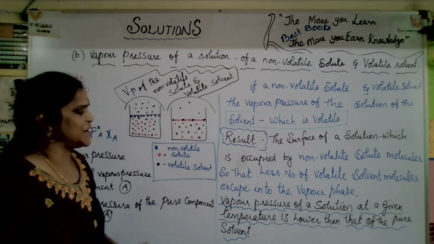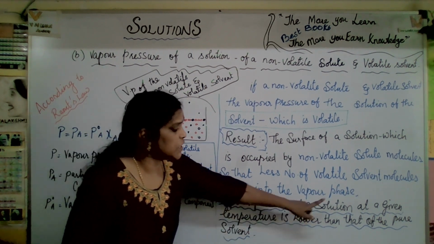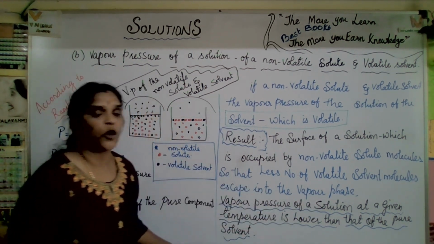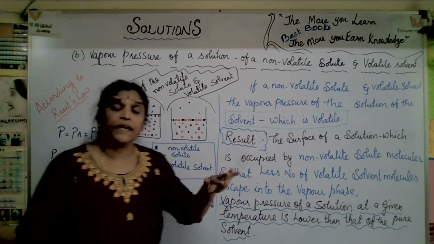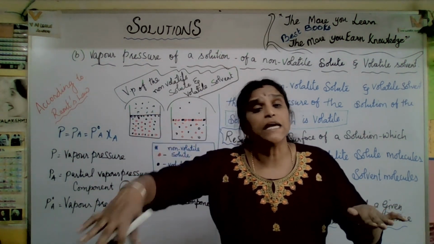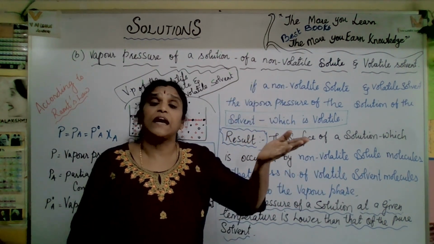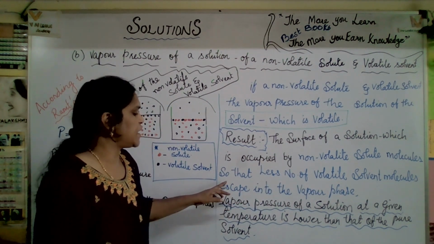That is the answer. The vapor pressure of a solution at a given temperature is lower than that of the pure solvent. Very clearly they mention that the non-volatile solute molecules are blocking the surface. What is inside? Volatile solvent. So the volatile solvent cannot escape easily to the surroundings.